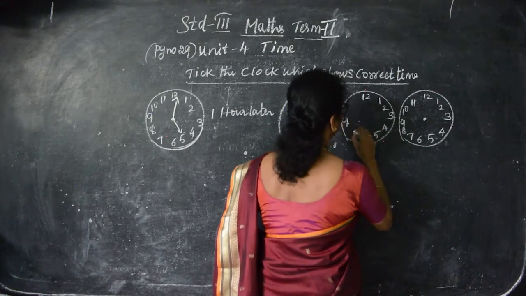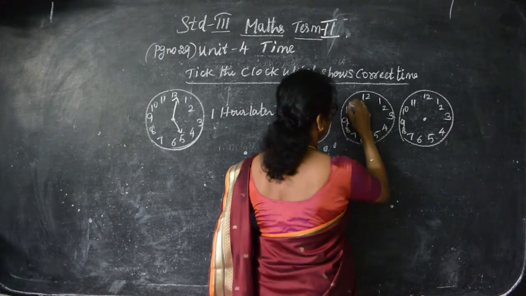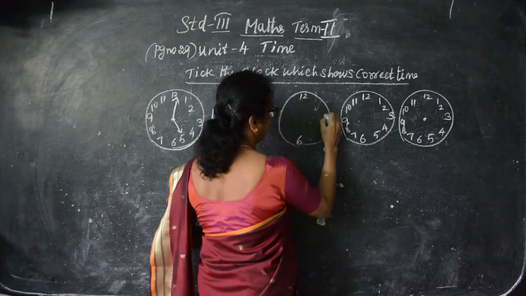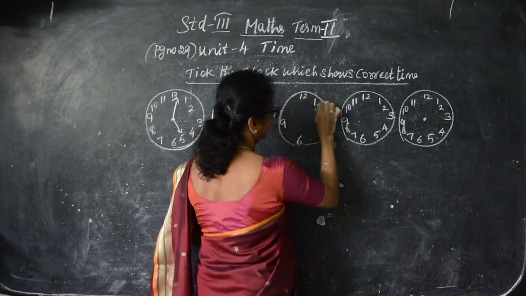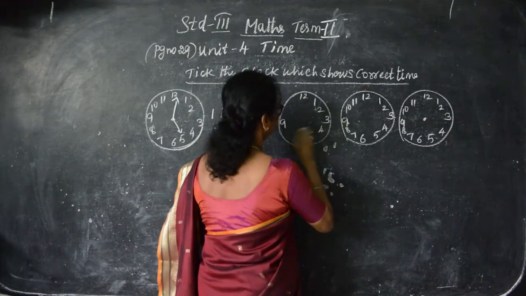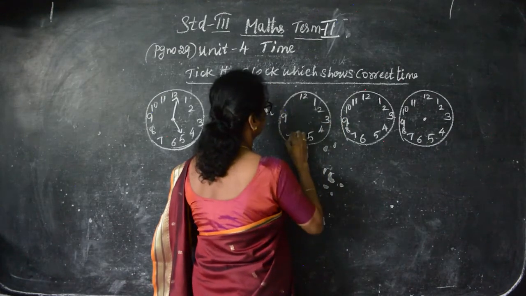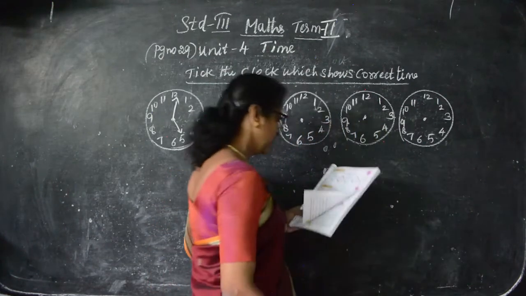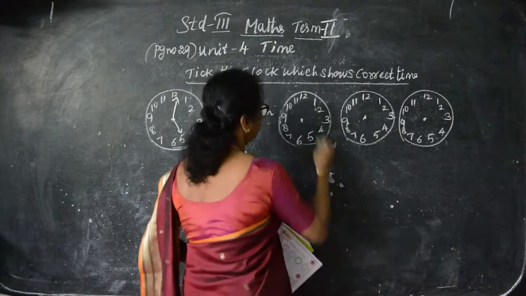I am just writing only one sum as the example. You can do the remaining. So this is it. So 3 options.